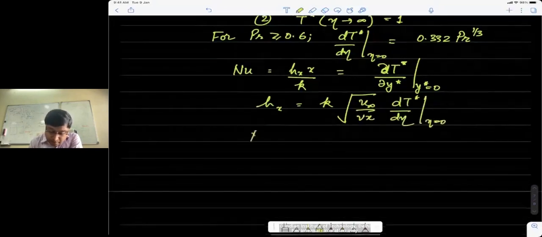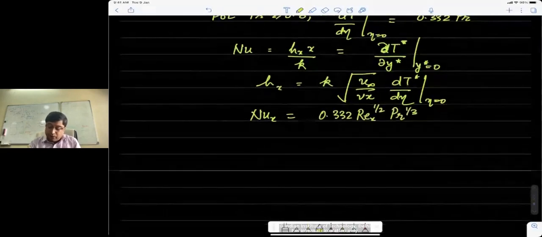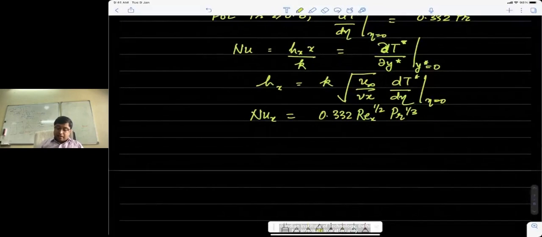And so the Nusselt number at any location x comes out to be 0.332 times square root of Reynolds number times Prandtl number to the power one third for flow over a flat plate, which is laminar and steady, and of course incompressible.